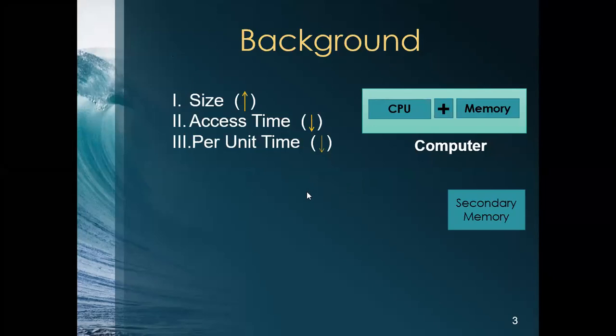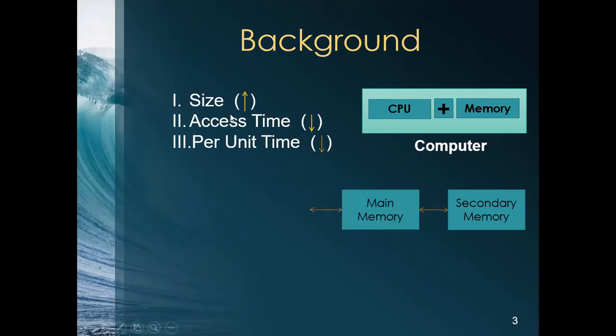Before starting the class, let us recap a bit of what we learned in the previous chapter. In computer memory, we have three parameters: the size of the memory, the access time, and the cost per unit. Different memories have different speeds, access times, and sizes.